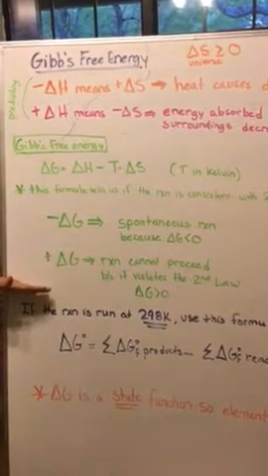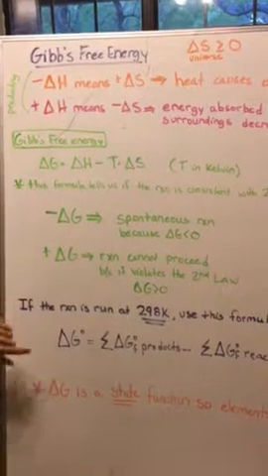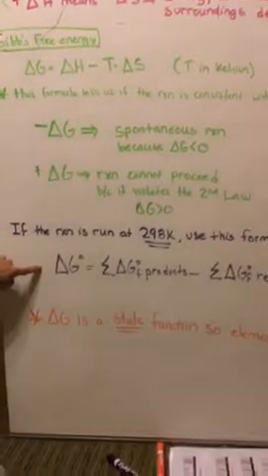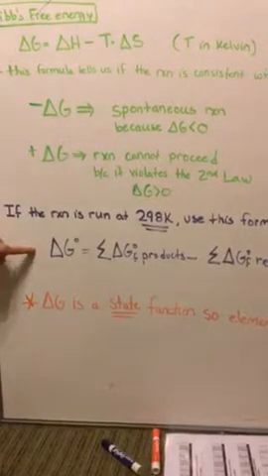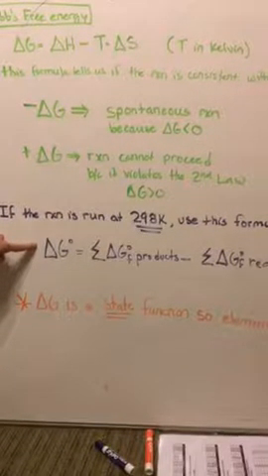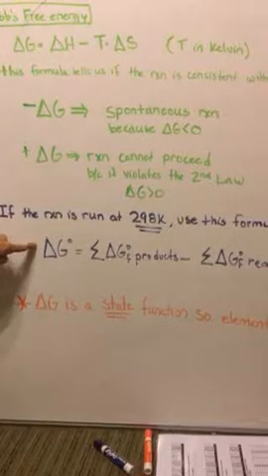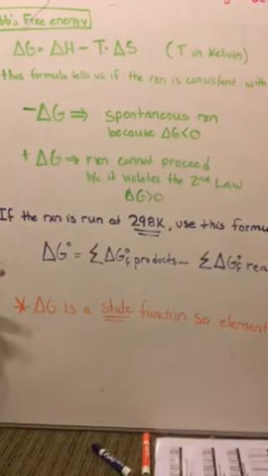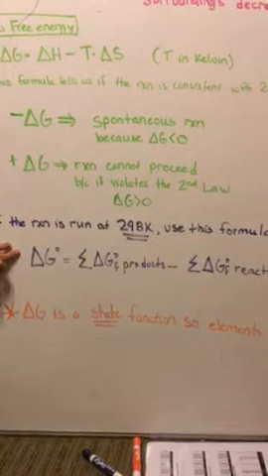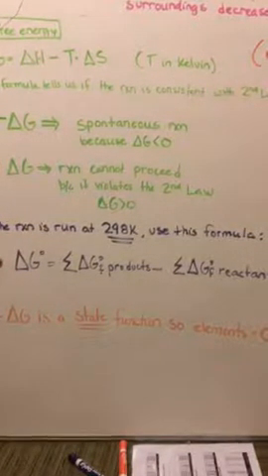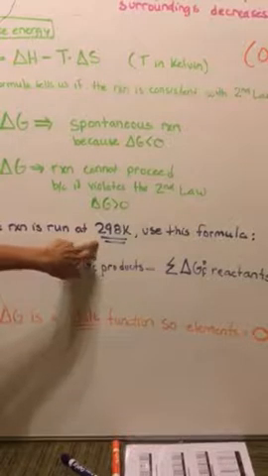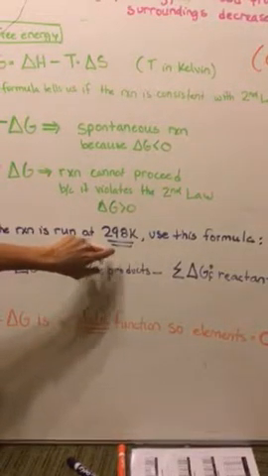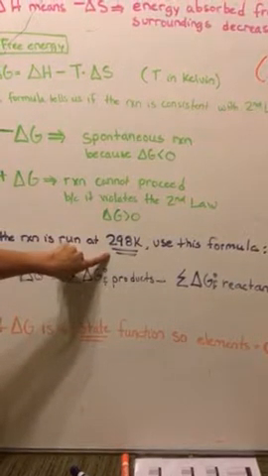Now, the second formula that I use is this one. And it looks just like Hess's law, because it is. We've done Hess's law for enthalpy, Hess's law for entropy, and now Hess's law for Gibbs free energy, trying to figure out if it's going to run spontaneously or not. You would use this formula if they tell you that it was run at standard temperature. So standard temperature here is 298 Kelvin.